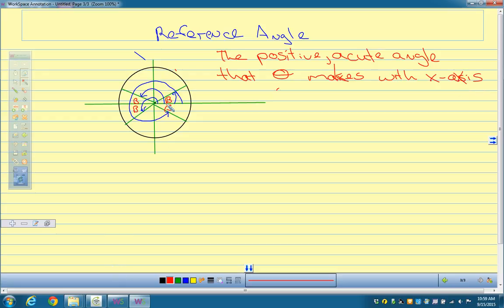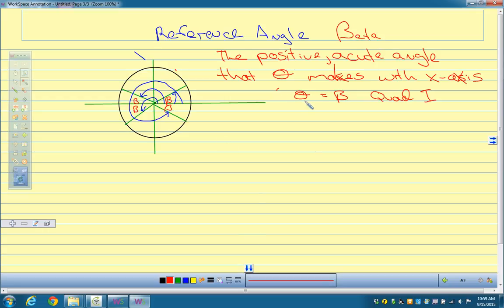So the reference angle, if this is your angle, if you're in the first quadrant, then theta equals beta, in quadrant 1. We'll call the reference angle B. They don't always call it B, but we'll call it B, and usually they use the Greek letter beta.